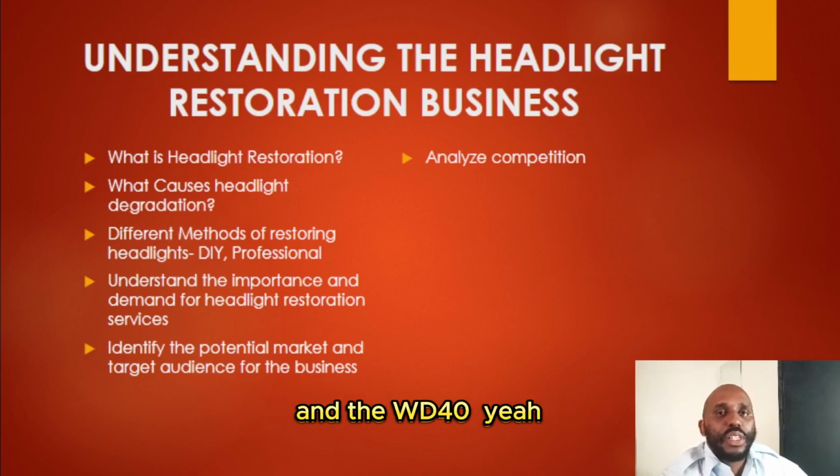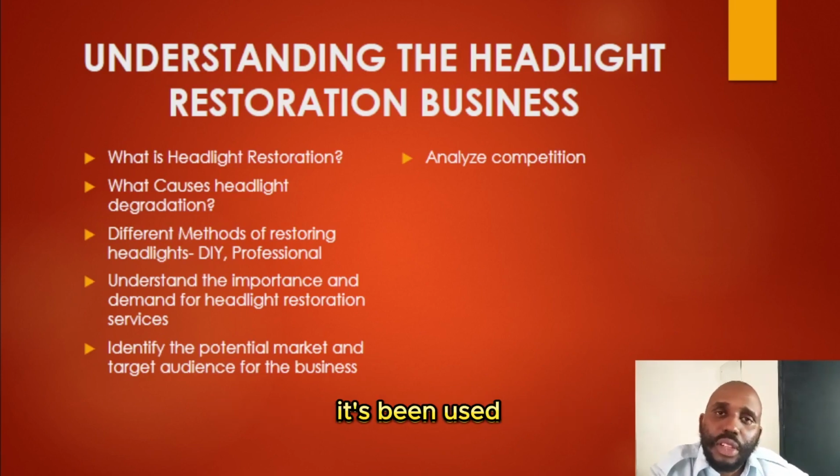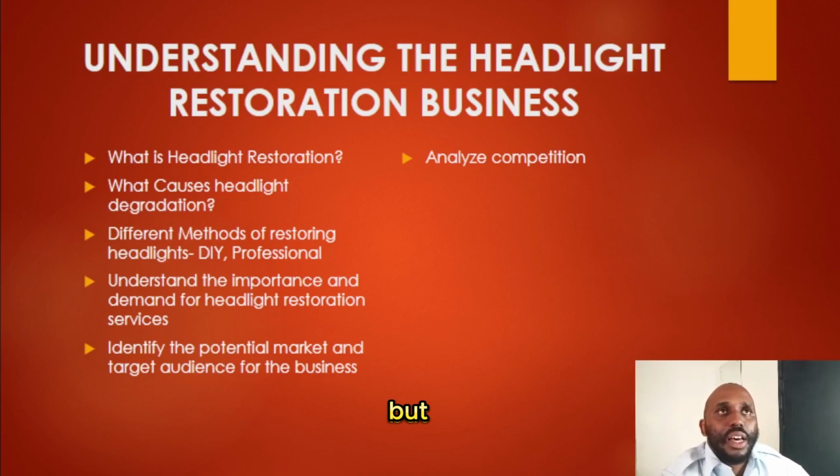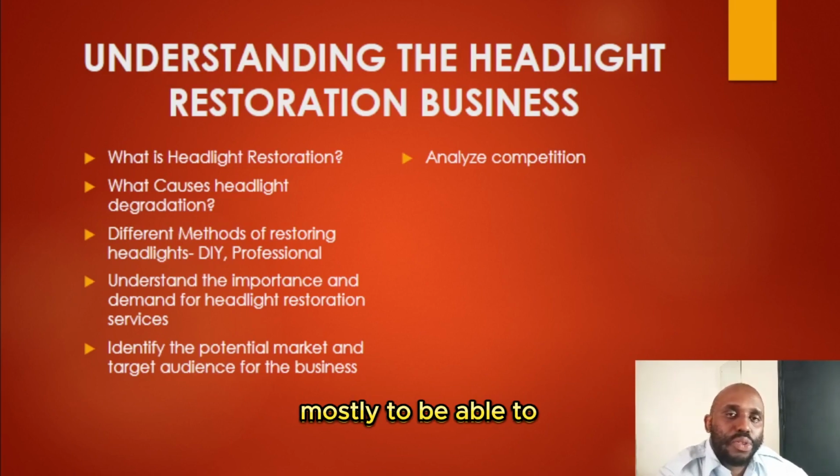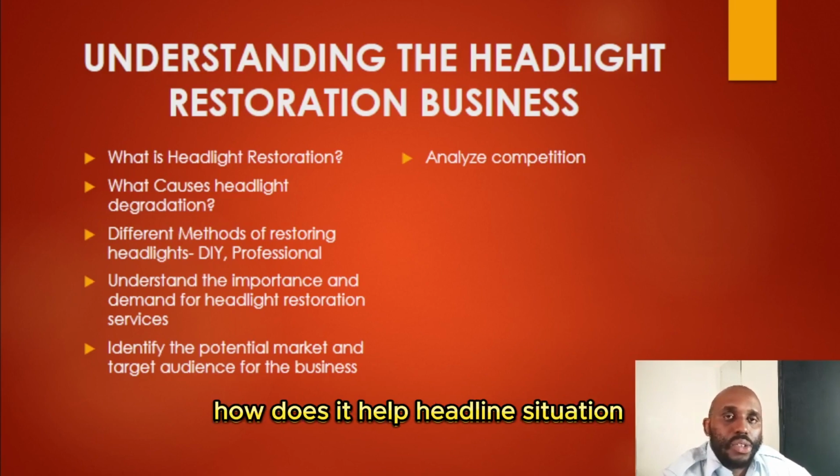And the WD-40, yeah, it's been used. People say it's a hack, but WD-40 itself is a lubricant, made mostly to lubricate rusted bolts and the like so they're easy to open. That's the main use of it. As a lubricant, how does it help headlight restoration?